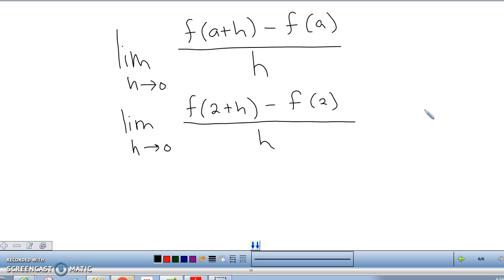So if y equals x squared, remember that's the same as f of x equals x squared. I'm going to write f of x instead of y so you can see how f of 2 plus h is just 2 plus h squared.